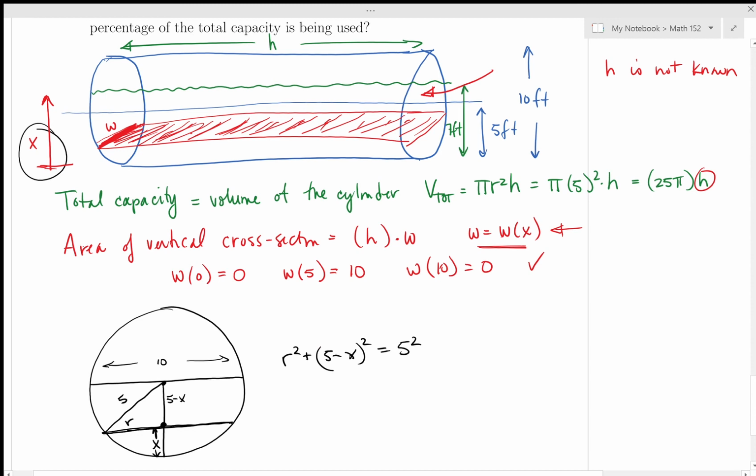That is the Pythagorean theorem on this little triangle I've put here. So that tells me what R is. R is the square root of 25 minus (5 minus x) squared. There we go.